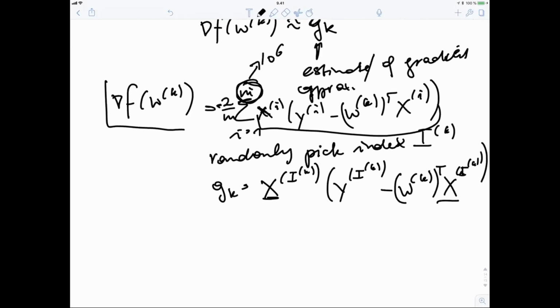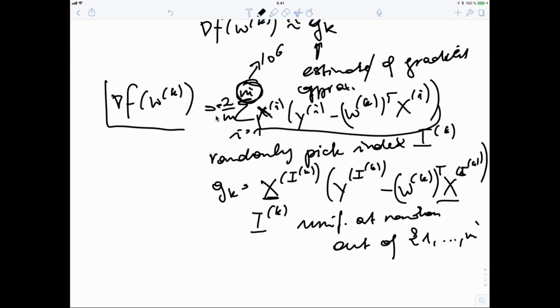And if you choose this index IK uniformly at random out of the set of all M data points, then it turns out that this gradient estimate is unbiased. Since if we choose the index randomly, this term becomes random, and we can compute an expectation, and this will be exactly the gradient.